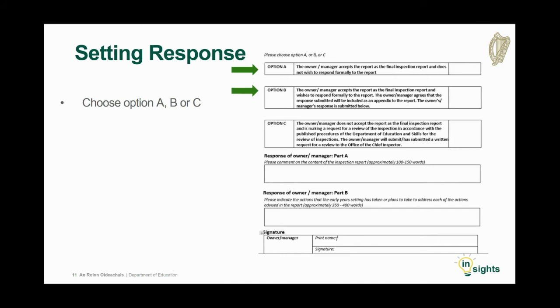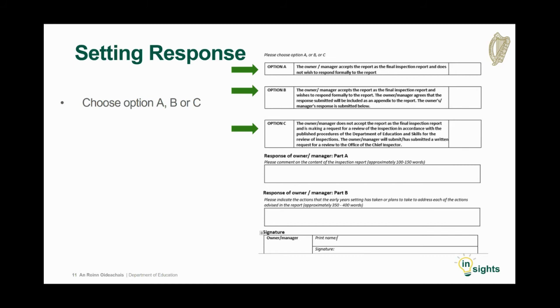The owner's or manager's response is submitted below. Option C, the owner or manager does not accept the report as the final inspection report and is making a request for review of the inspection in accordance with the published procedures of the Department of Education and Skills for the review of inspections. The owner or manager will submit or has submitted a written request for a review to the Office of the Chief Inspector.